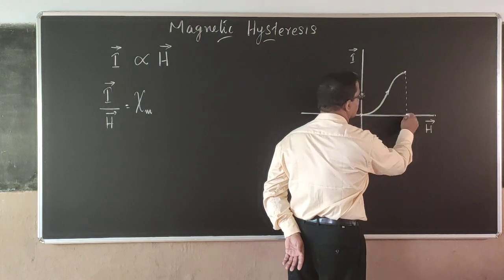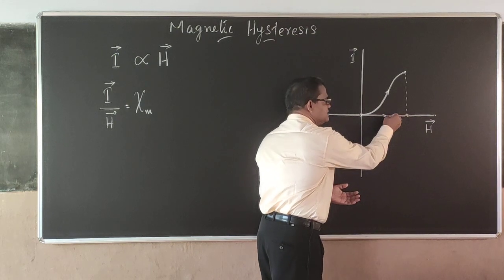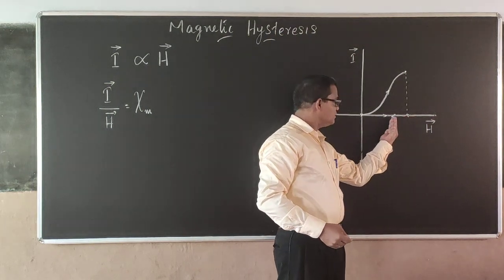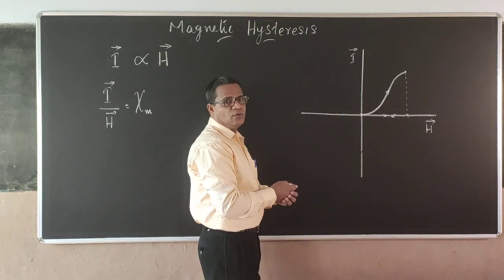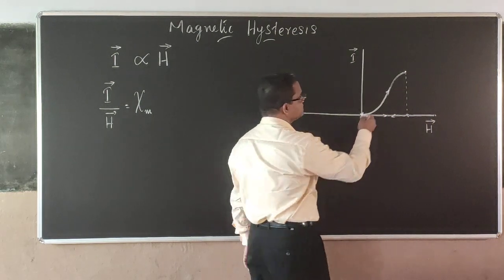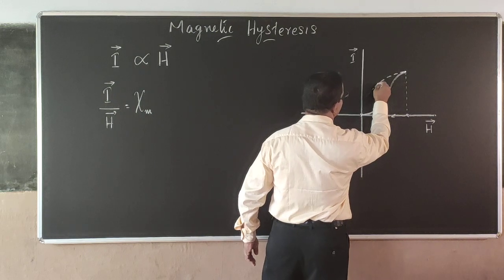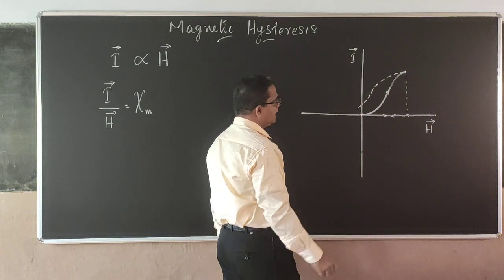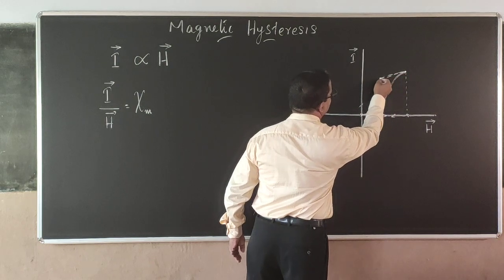Now, from here I start decreasing the magnetizing field. Start reducing the field back to 0. As I bring the field back to 0, we would expect the curve to come back the same way, but the curve starts moving like this, in another way.